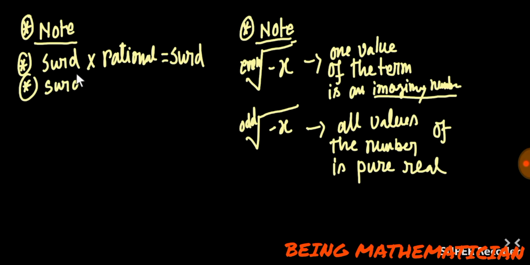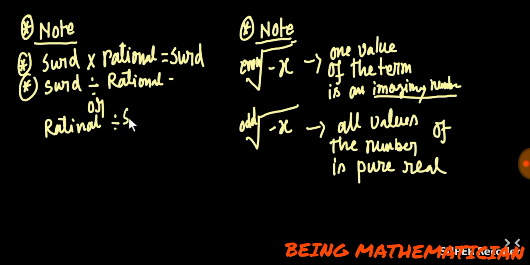Surd divided by rational or rational divided by surd, in both cases it will be a surd.